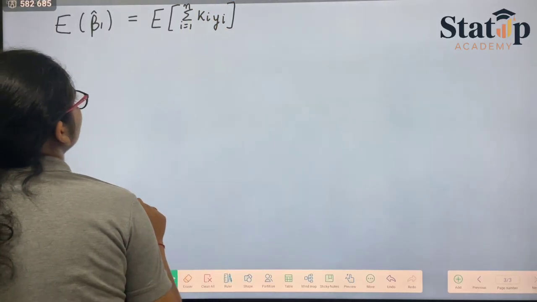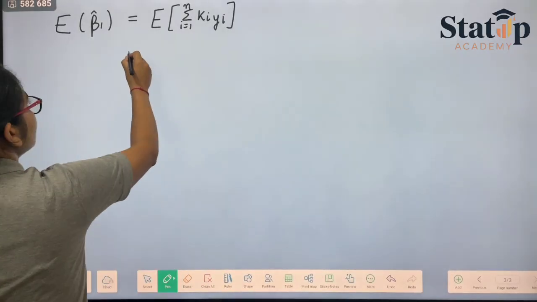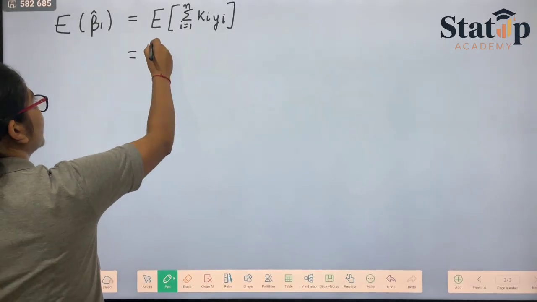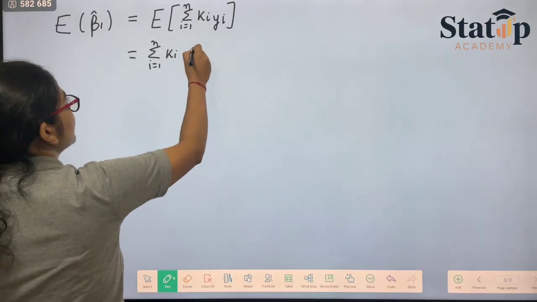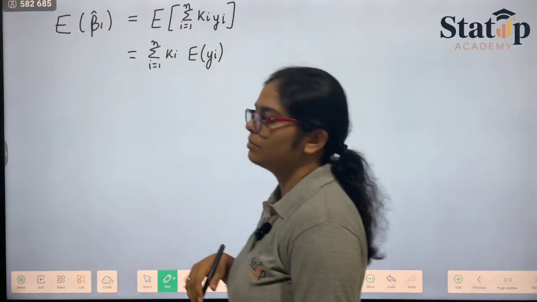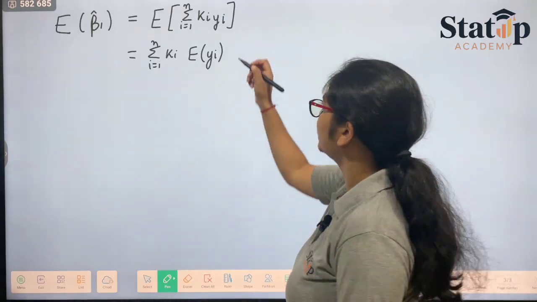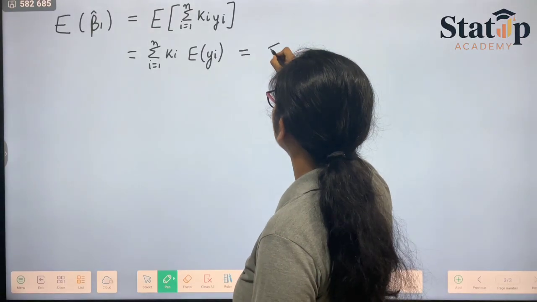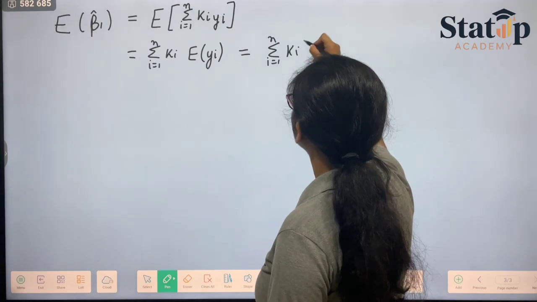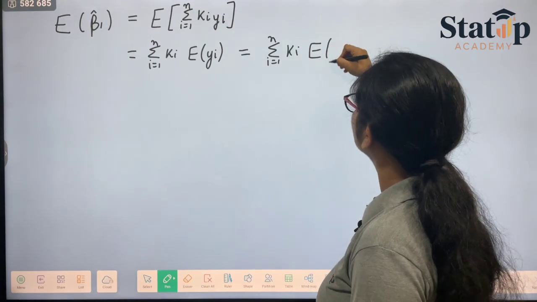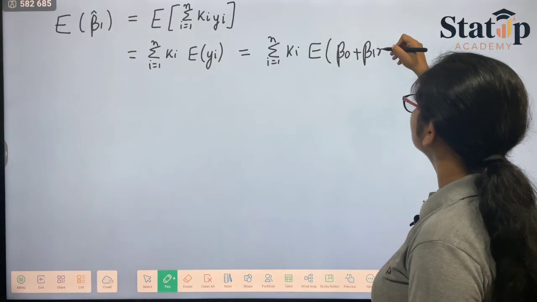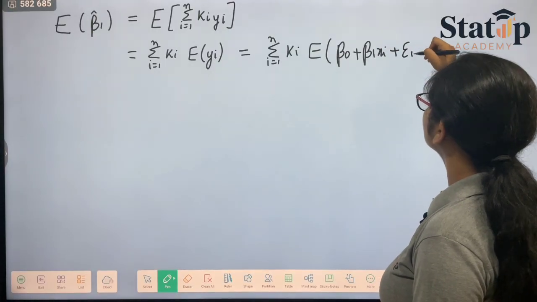Now we can write it as summation i goes from 1 to n ki expectation of yi. Now what is yi? Beta naught plus beta 1 xi plus epsilon i. So replacing that, we get ki expectation of beta naught plus beta 1 xi plus epsilon i.